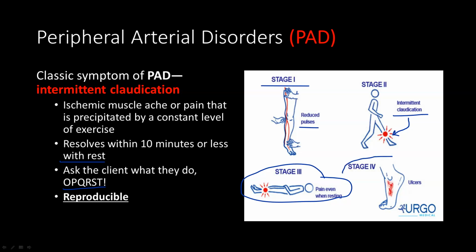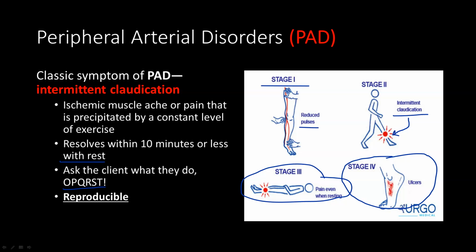And then if they do delay getting seen, they can end up with ulcerations. Especially if they're already a diabetic, you know that they are at increased risk for sores because we're not getting enough oxygen and nutrients to our lower extremities. It is very hard to differentiate a sore from diabetes and a sore from PAD.